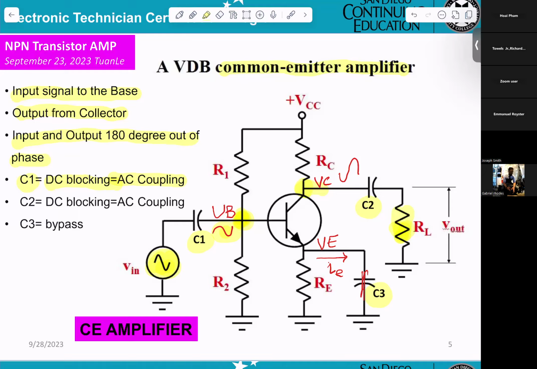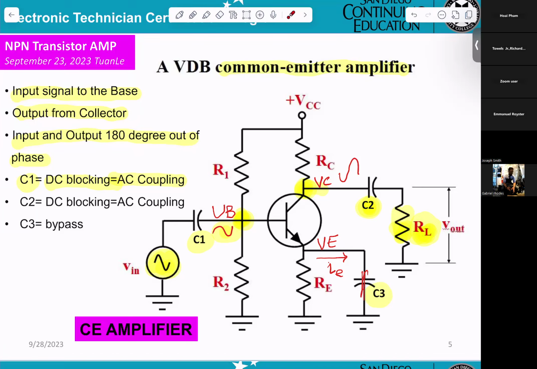C2, same thing. DC blocking and AC coupling. Normally the load in the amplifier will be a speaker. Okay? So at this collector right here, you get two signals.